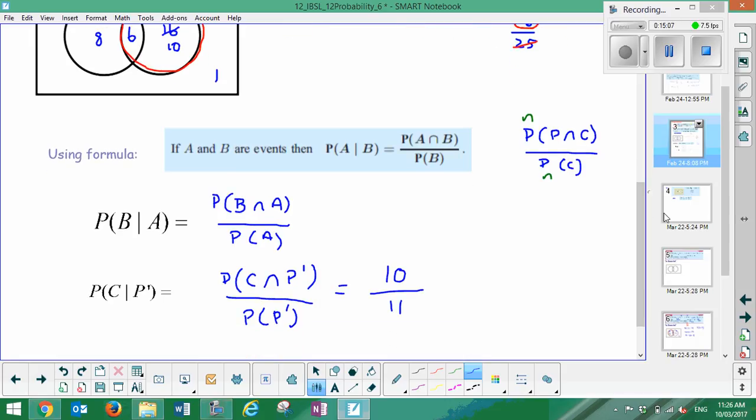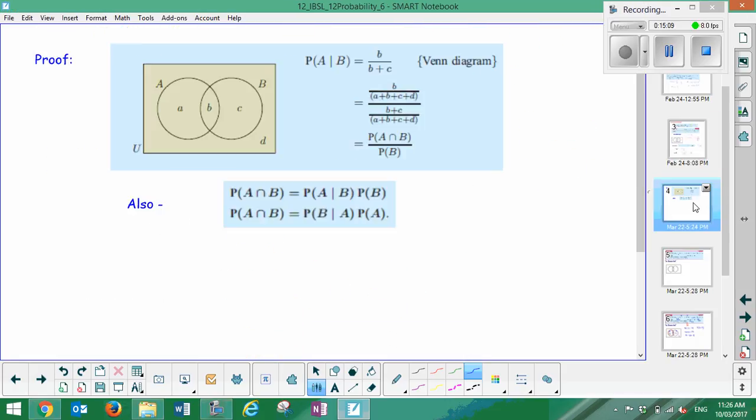All right. This example is just running through the proof of the formula for A given B: what's the chance of liking A, but we're looking only at B, so you don't consider all of that. Always start with what you're given.